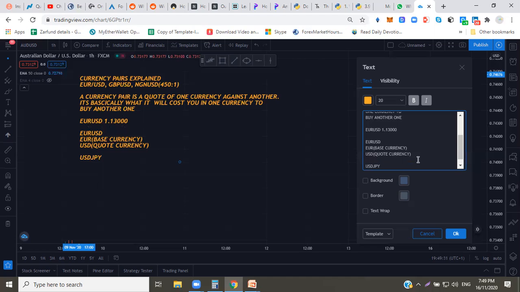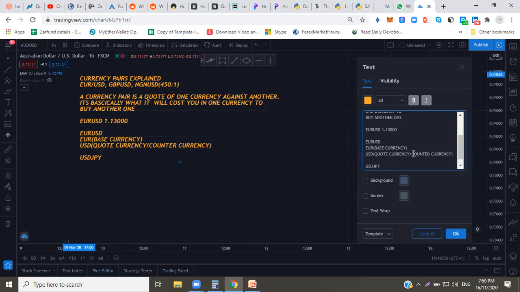Which one is the base currency and which one is the quote currency? USD is the base currency. Then JPY is the quote currency. Something to add there, the quote currency is also called the counter currency.